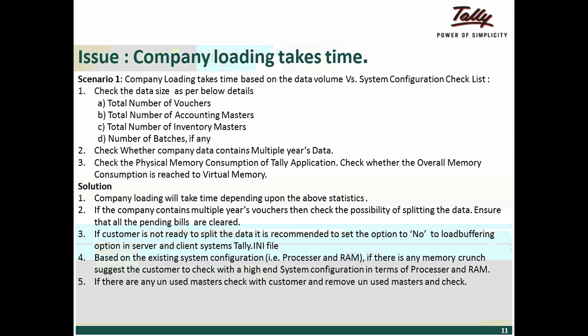Then you can take a call on removing such masters so that the time to load a company is improved. In such cases, you can escalate such issues, where you want to remove the stock items and other stuff. Can we continue?